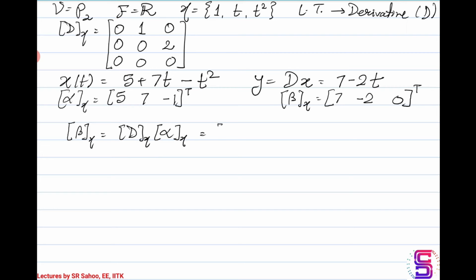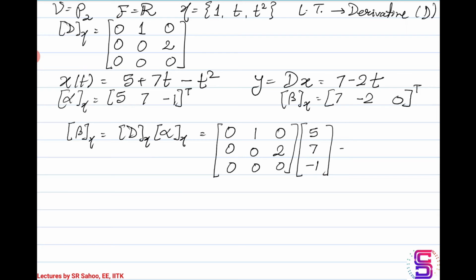This is 0, 0, 0, 1, 0, 0, 0, 2, 0, and then you have 5, 7, minus 1. Let's see if you multiply this, you get what? You have 7, you have minus 2, you have 0.